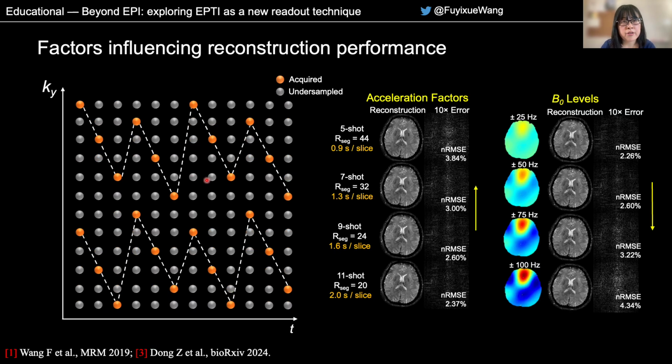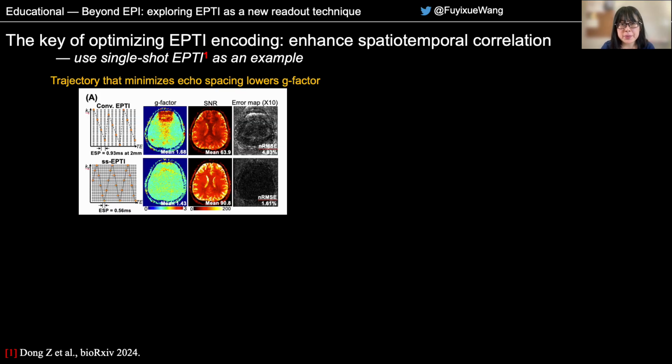So in EPTI, factors that would affect spatial temporal correlation can influence the reconstruction performance. For example, a higher acceleration or a very strong B0 could affect spatial temporal correlation and lead to potential noise amplification. We can optimize EPTI encoding to enhance spatial temporal correlation and improve reconstruction performance. Here we use single-shot EPTI as an example. A trajectory that minimizes echo spacing can lower G-factor and reconstruction errors by enhancing the temporal correlation.